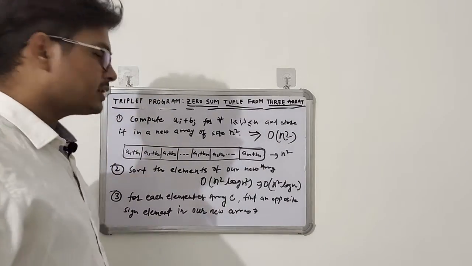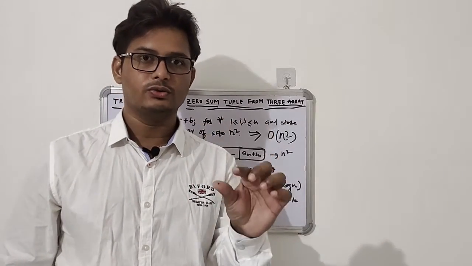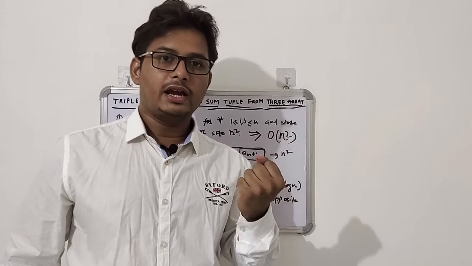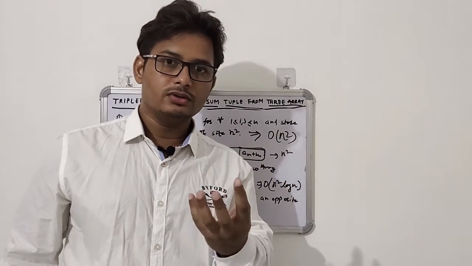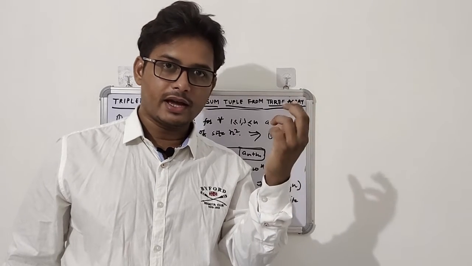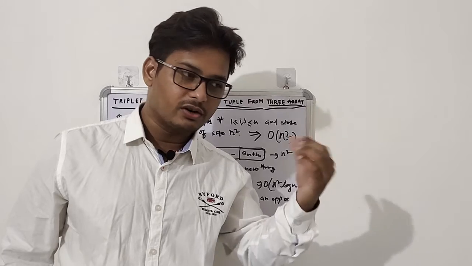You can see, for each element of array C, suppose array C's first element is 2. Now we will pick the element, our key will be 2, and we are going to search in our new array whether -2 is present or not.